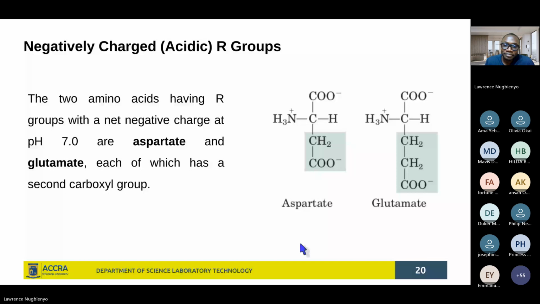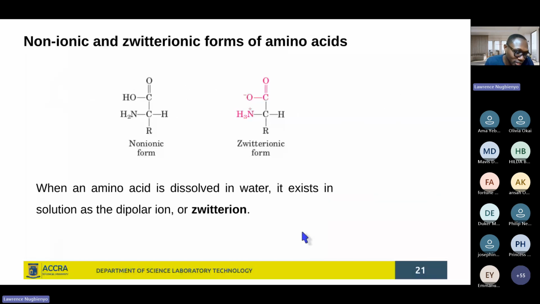All right. Now we can move on and look at what we refer to as zwitterionic forms of amino acids. Now, if you pay attention, you realize that so far all the amino acid structures that we were looking at were actually presented in their zwitterionic forms.